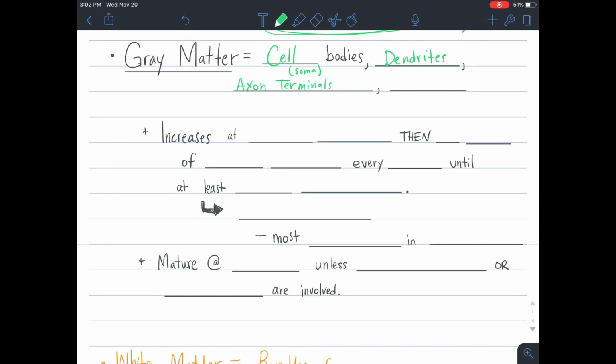So the cell bodies, the dendrites, the axon terminals, and even the synapses, which are the areas between the neurons. If we take a look inside somebody's nervous system, you can actually see the gray matter and the white matter, and we'll take a look at that in class. So when we see gray matter, what we're looking at is all the cell bodies, the dendrites, the axon terminals, and even the spaces between the neurons, the synapses.